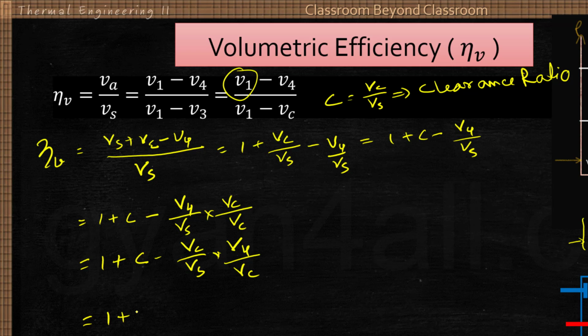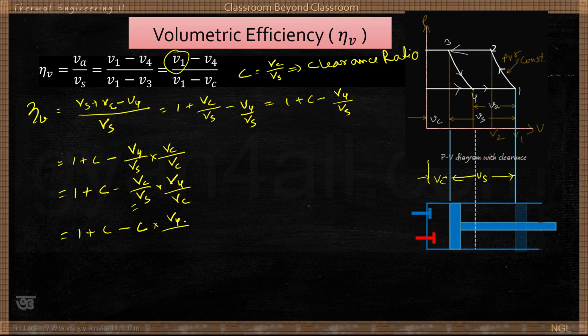That is equal to 1 plus C minus C multiplied by V4 divided by VC. You see VC is equal to V3, so V4 divided by V3.